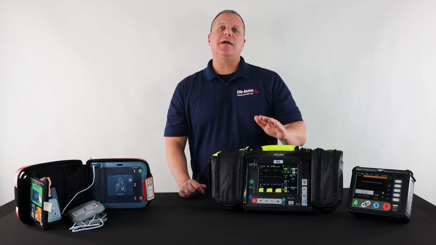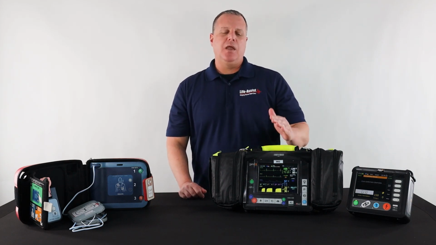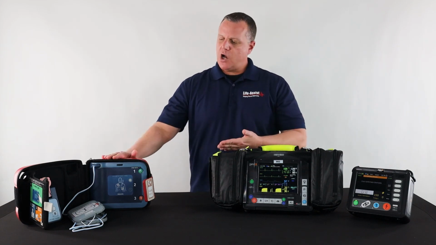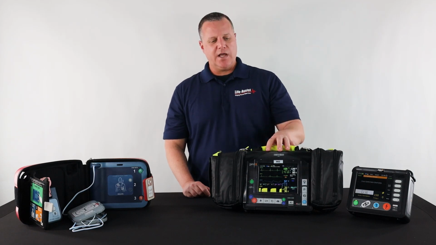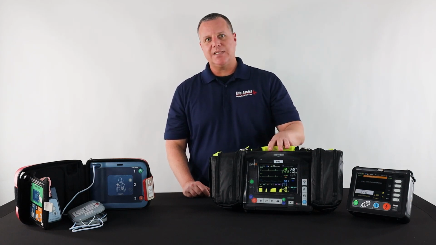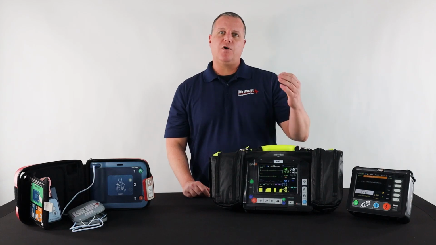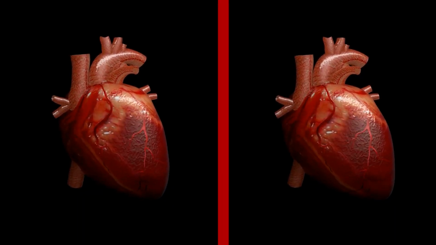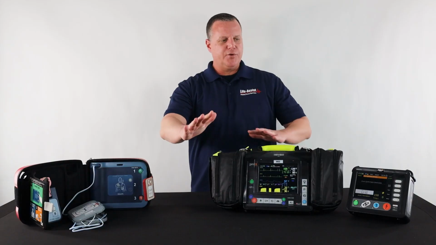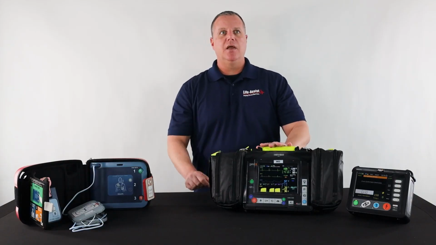So cardiac type interventions, a couple of them would be shocking, just like the AED does. Other interventions that the cardiac monitor does are what's called pacing and cardioversion. One is for a heart rate that's too slow and one is for a heart rate that's too fast, okay? So as you can see, it's got multiple parameters and multiple applications to it.